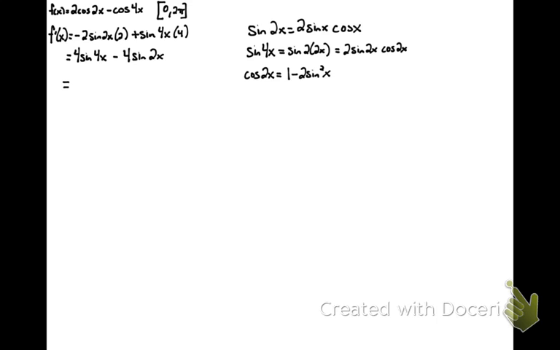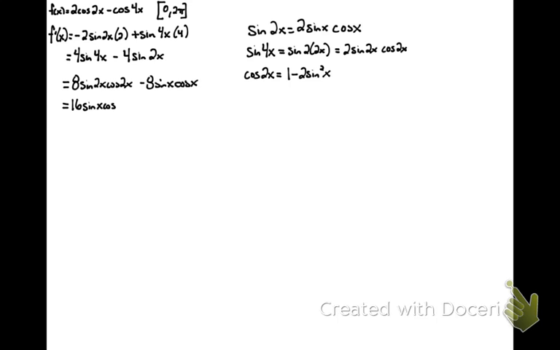So by substitution, if I substitute for sine of 4x, this will become 8 times the sine of 2x cosine of 2x. If I substitute for sine of 2x, this will become 8 sine of x cosine of x. Continuing to substitute, first I'll substitute for sine of 2x. So this will become 16 sine of x cosine x.